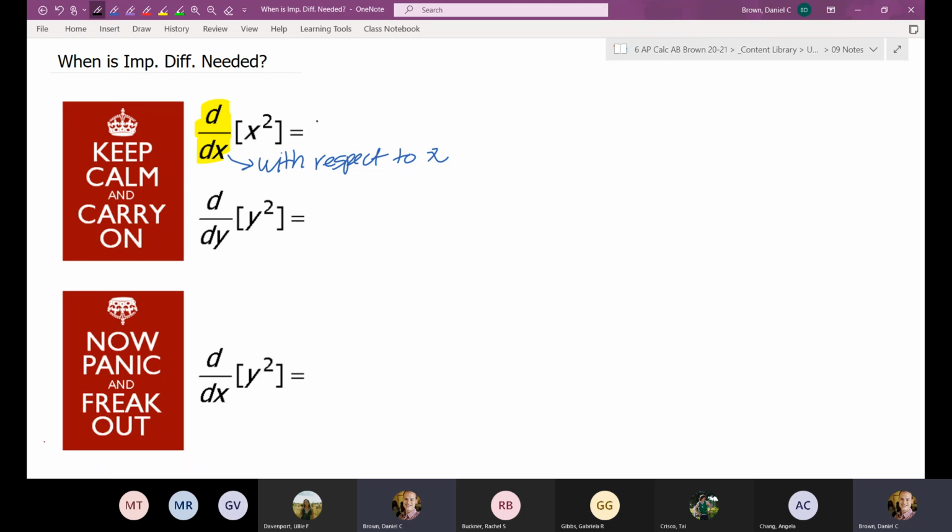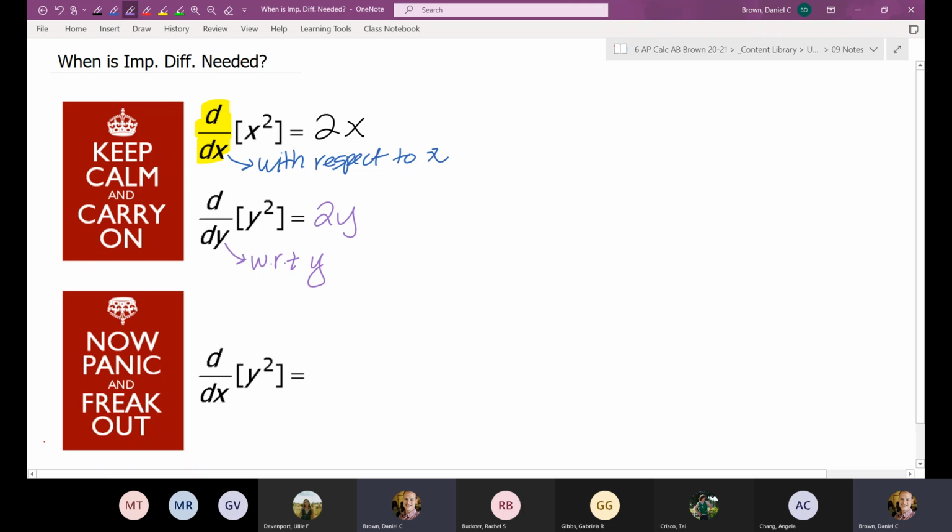Sorry, my pen had died. Same thing with this one on the bottom. We don't normally look at the derivative this way, but if I say d dy, that means we're doing it with respect to y. Well, if I have a y squared, nothing to do differently, its derivative would just be 2y.